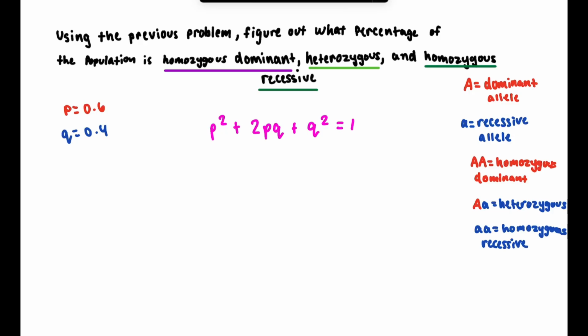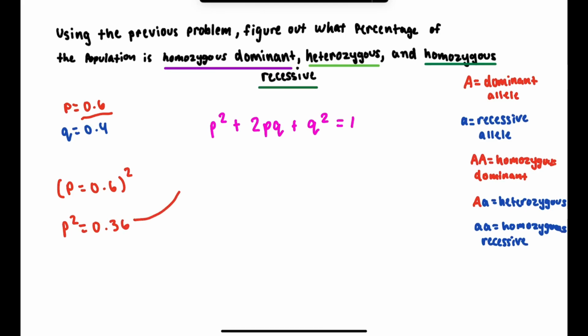We know that p is equal to 0.6. And so in order to sub it into our equation, we will do p equals 0.6, and we want to square both sides so that we can get p squared. p squared will then equal 0.36. So we're going to sub that into our equation right here, 0.36 plus 2pq, where we already have p and q from the previous problem.